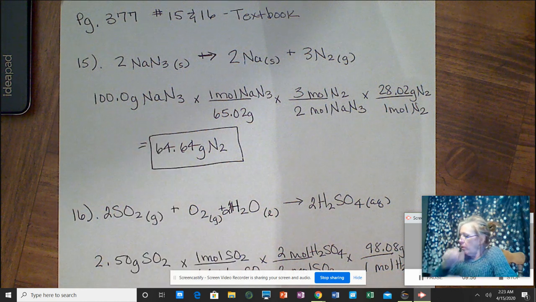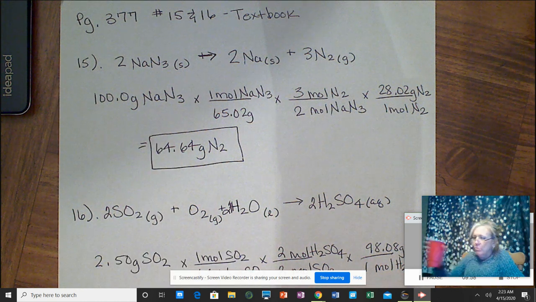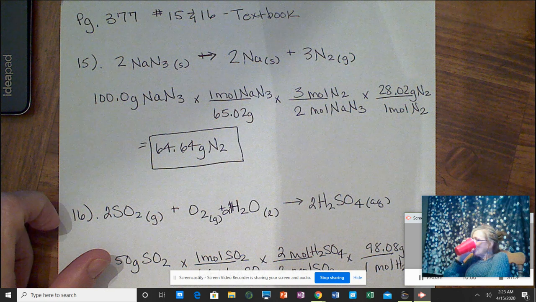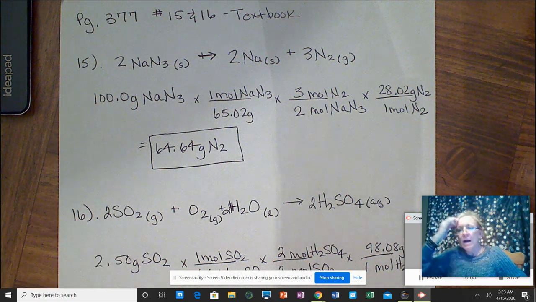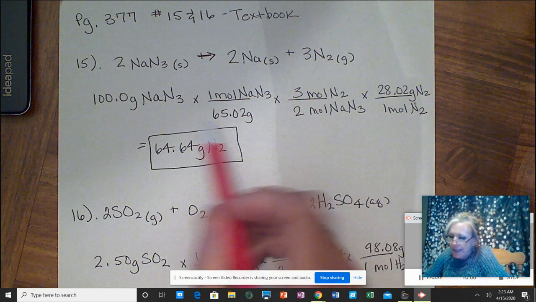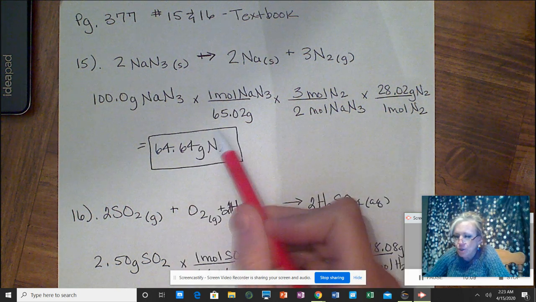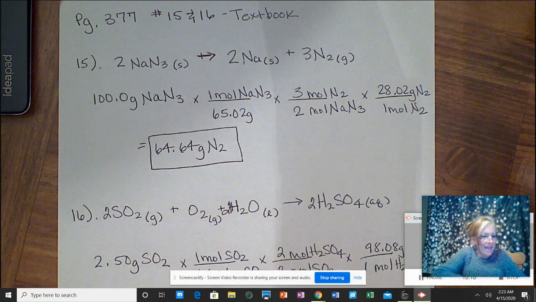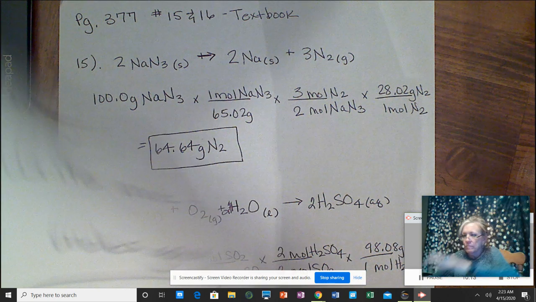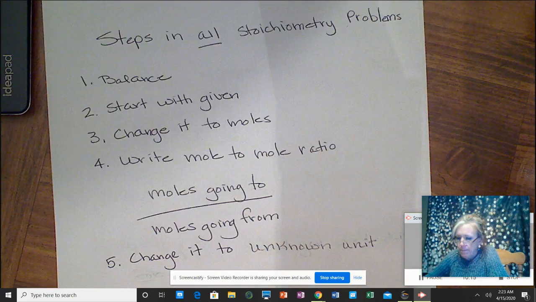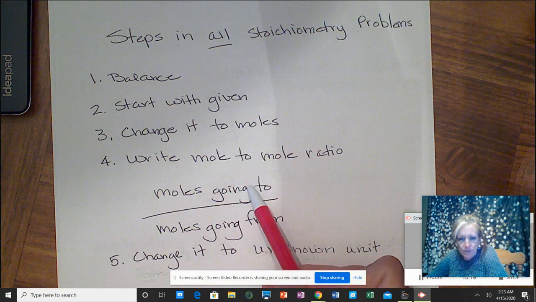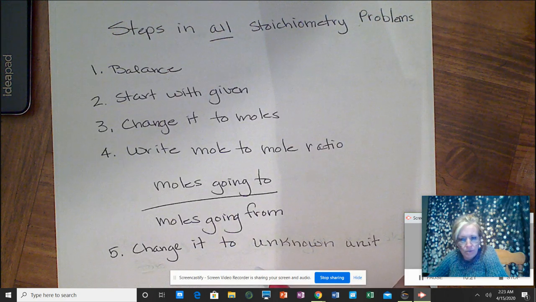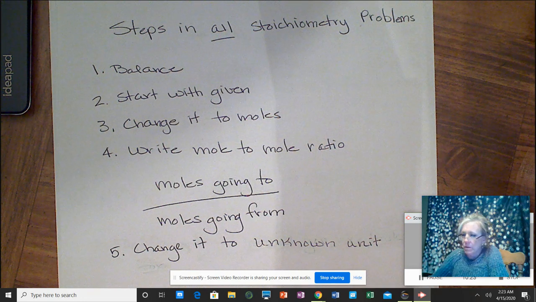We start with 100.0 grams of NaN3. Okay, we're going to change that to moles because, again, our steps. Balance, start with your given, change it to moles, mole-to-mole ratio, change it to the unknown unit, meaning what you're looking for. Okay?